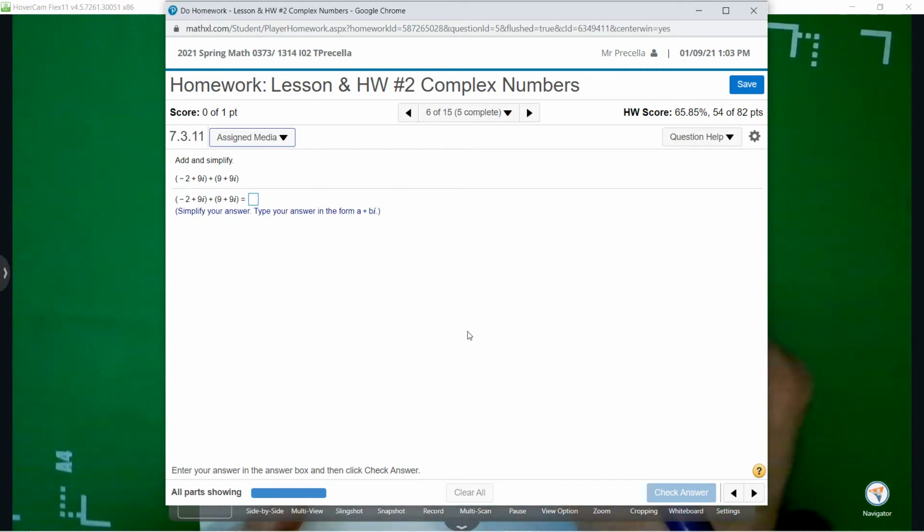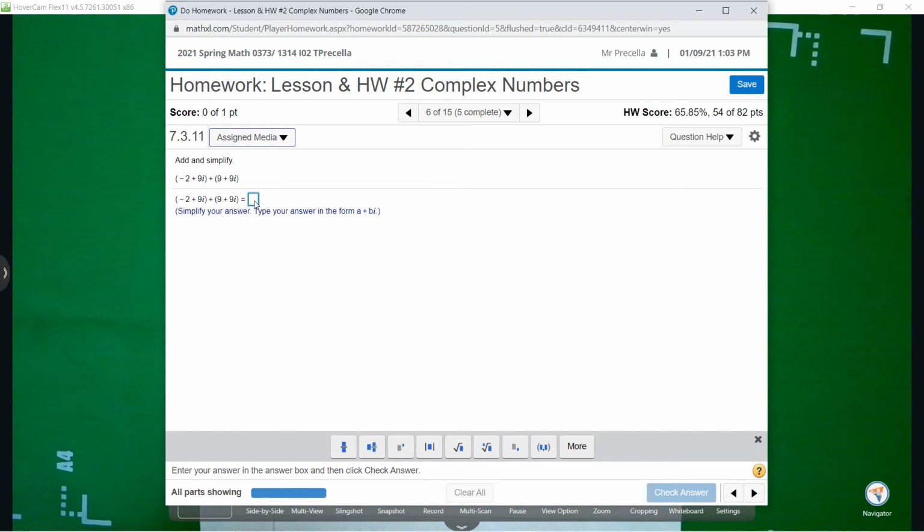Negative 2 plus 9, that's a 7. And then I'll add the i part. 9i plus 9i, 18i. So you just add the real numbers together, add the imaginary numbers together. So what did I get? 7 plus 18i.